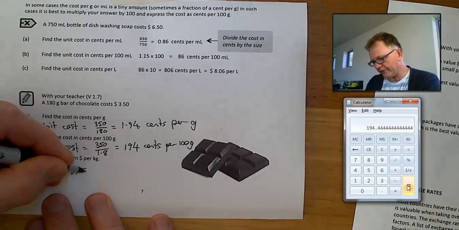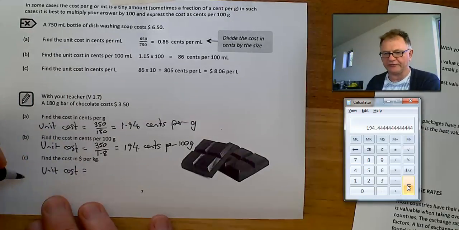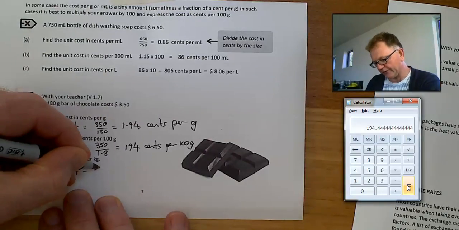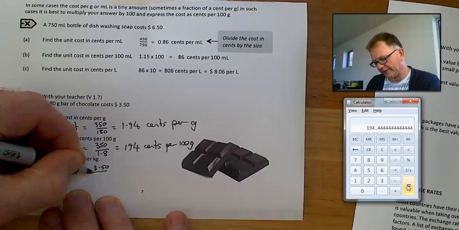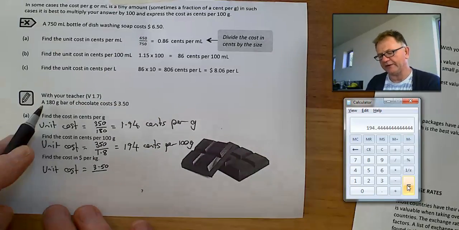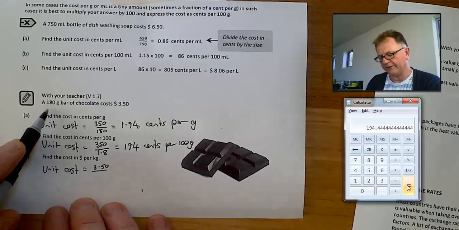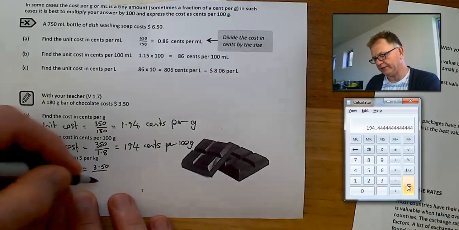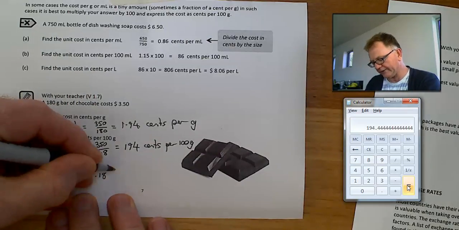If you want to find the cost in dollars per kilogram, we want to divide the number of dollars it cost by the number of kilograms we got. Now the cost in dollars was $3.50, so we'll write it like that, in dollars. And the number of kilograms that we got, 180 grams, it's not even 1 kilogram, is it? To change grams into kilograms, you divide by 1,000, it's 0.18 of a kilogram.